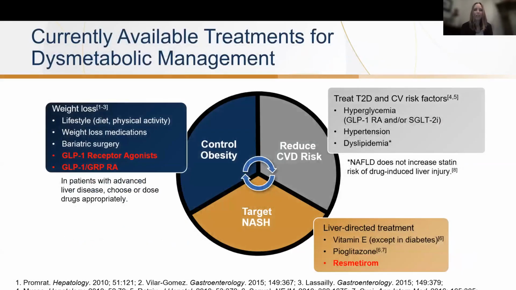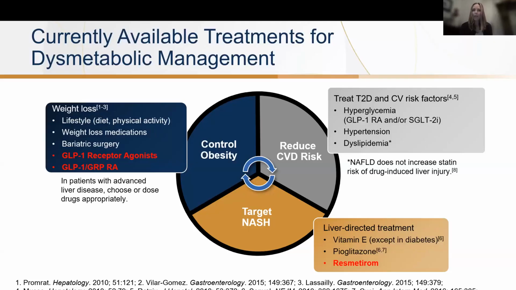All right, so we'll get started. This slide contains a comprehensive three-pronged approach to managing patients with dysmetabolic liver disease. On the left-hand side, you'll see weight loss. This is the first area that we look at, and this remains a very effective intervention.